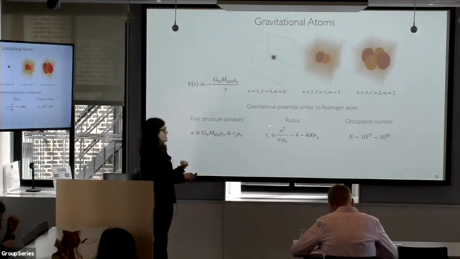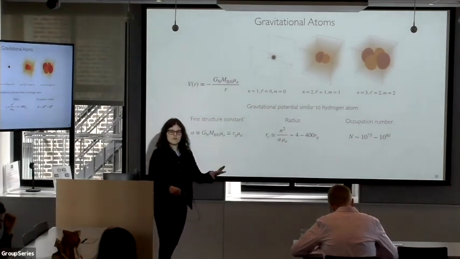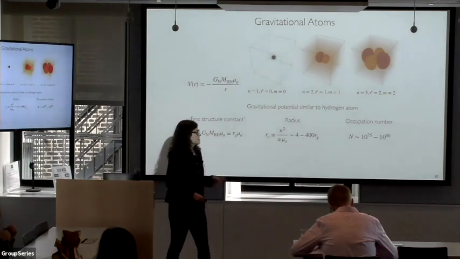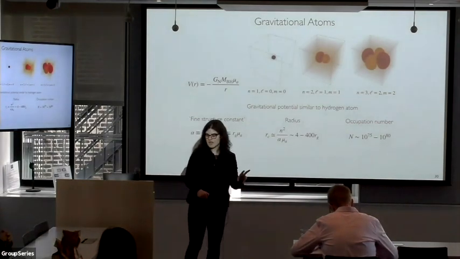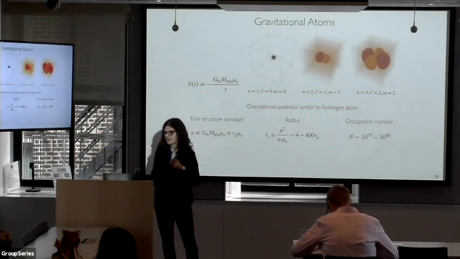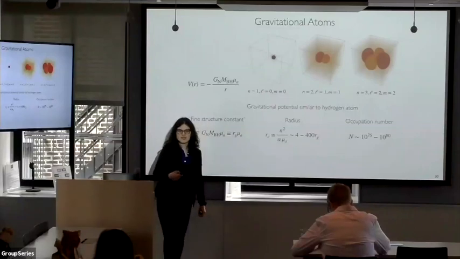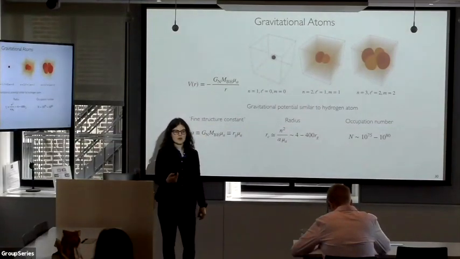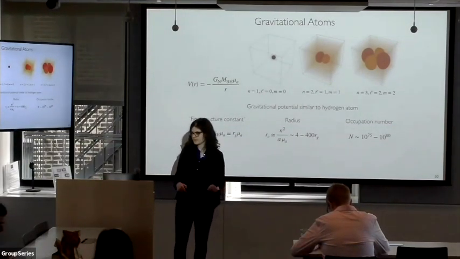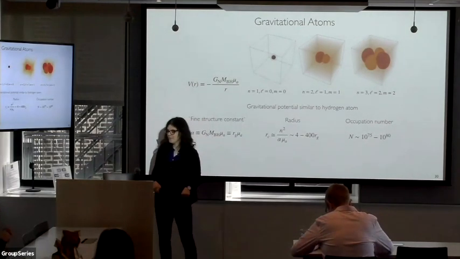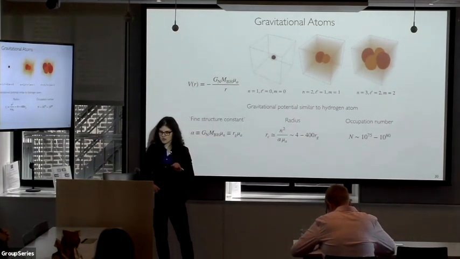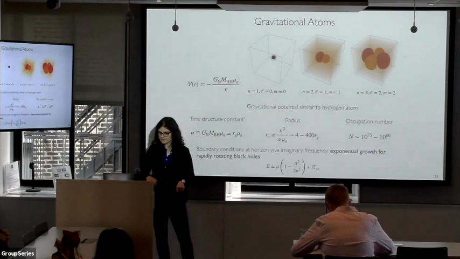The radius is a few to a few hundred black hole sizes. And the big difference from the hydrogen atom is that axions are bosons, and also they're extracting huge amounts of energy from the black hole. So unlike just one electron per level in hydrogen, you can get 10 to the 75 or 10 to the 80 particles all in the same state. So these are what the bound states look like far away from the black hole.